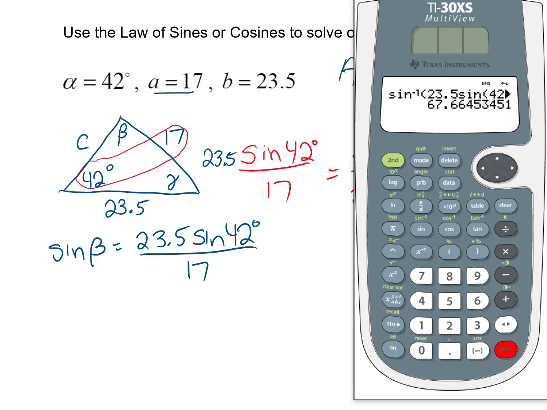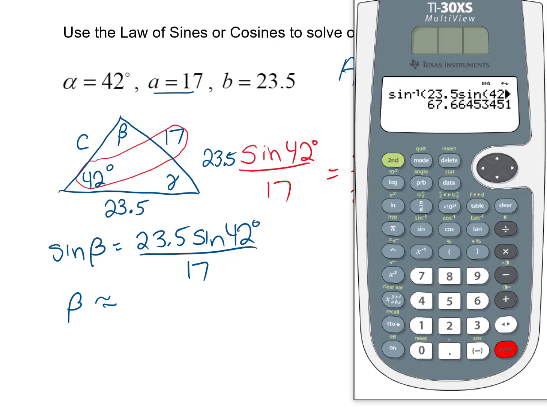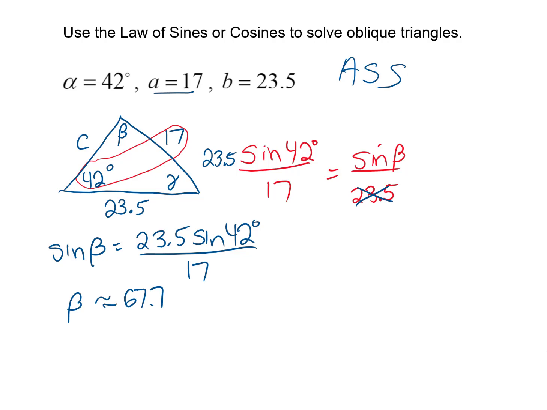Okay, and I'm going to do this to one decimal place, so it looks like beta is approximately 67.7 degrees.